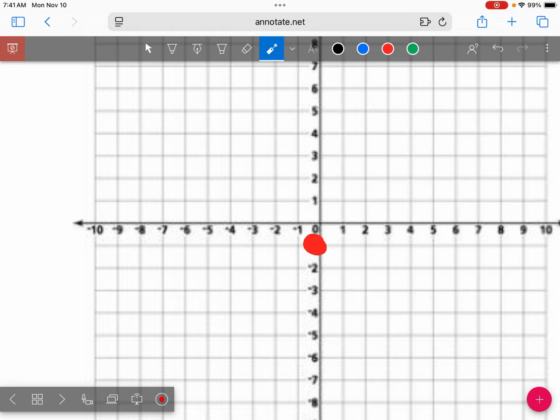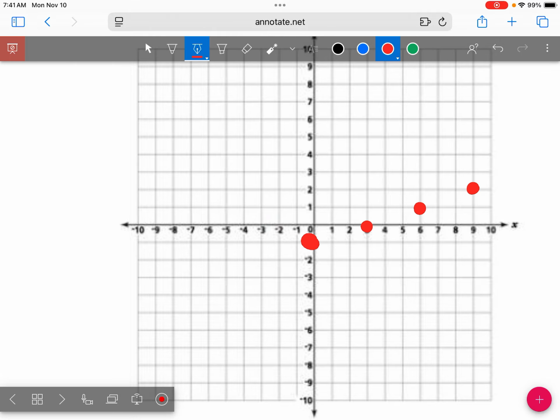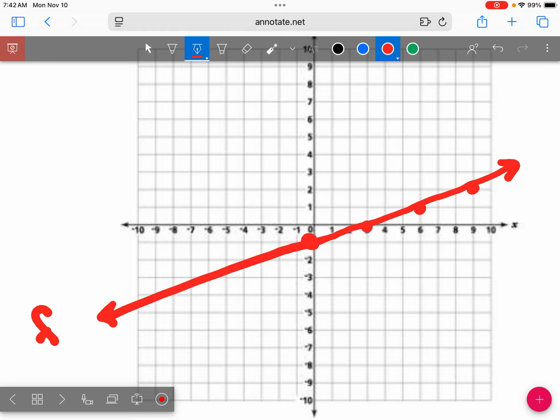Up 1 to the right 3. 1, 2, 3, put a point right there. And then go ahead and connect that out. That's your original.